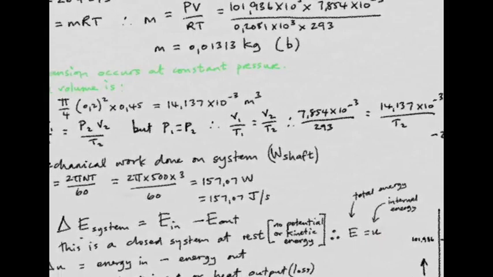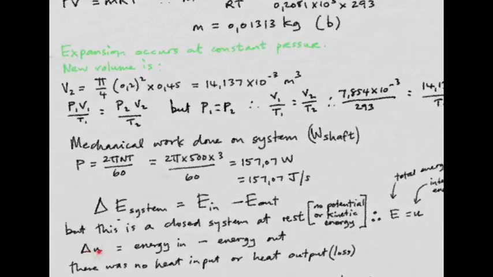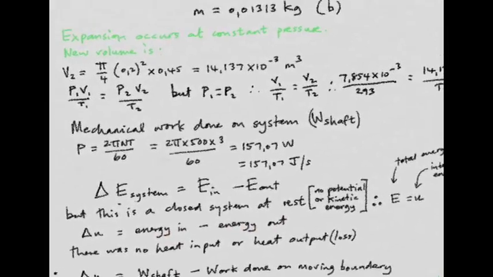So instead of using capital E, we're going to use lowercase u, which is our symbol for internal energy. And what it means is the change in internal energy is in fact what energy came in minus what energy went out. So that is actually simpler than we're making out. The change in internal energy is what came in minus what went out.